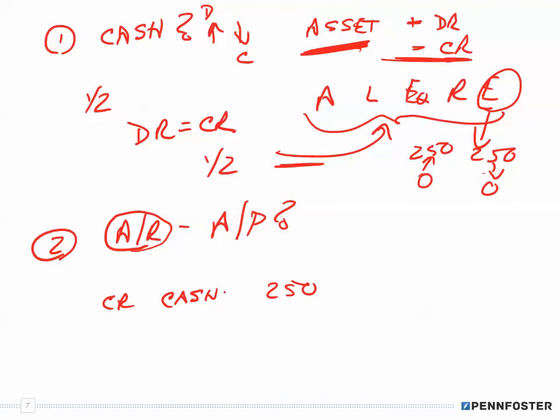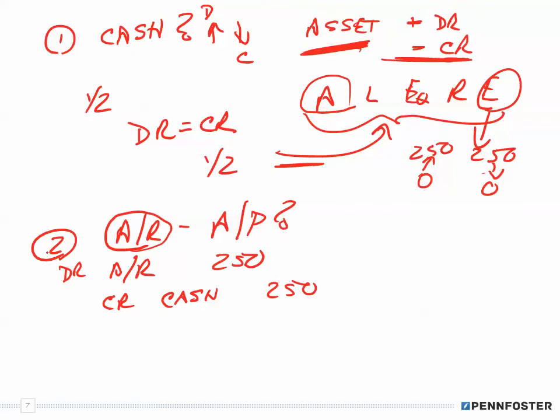Then my debits have to equal credits, so what am I going to debit? Under my assets, I'm paying off an accounts receivable, so automatically it has to be accounts receivable for $250.